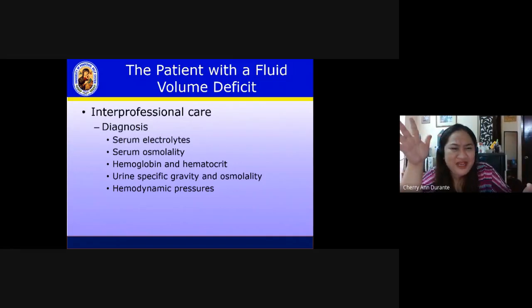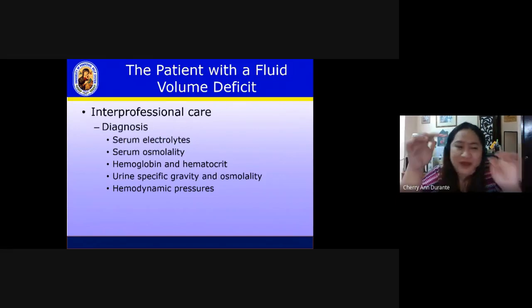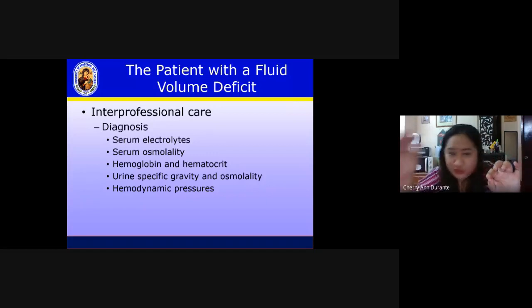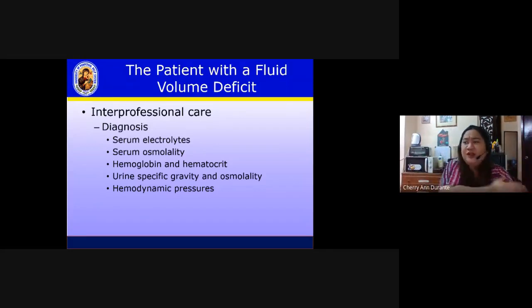Bakit increase? Kasi konti yung solvent. Remember that electrolytes are solute in nature. Ibig sabihin, ganito, I want you to imagine this one. So, technically, if you have fluid volume deficit and it's equivalent lang dun sa inyong serum electrolytes, talagang bumababa yung ibang electrolytes.